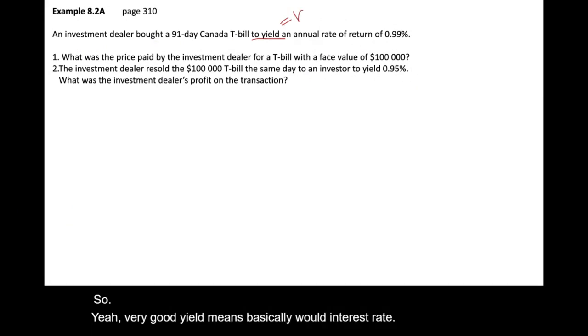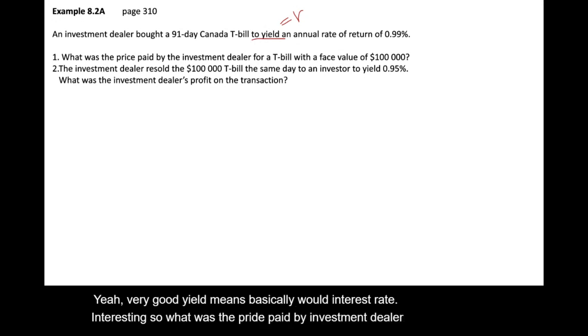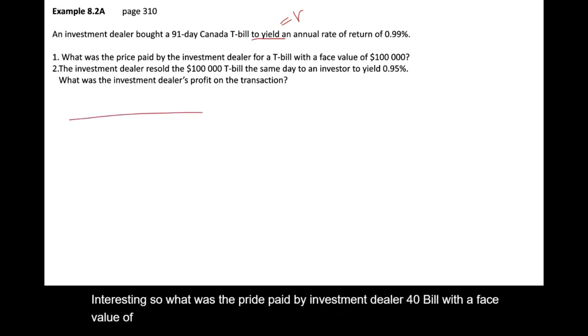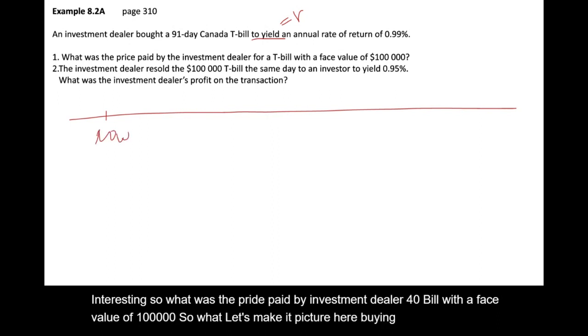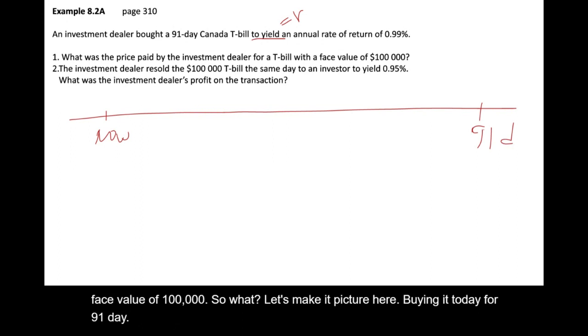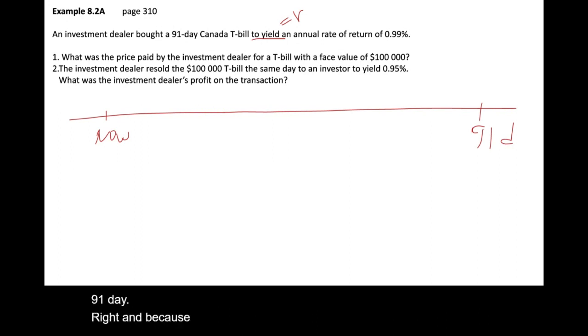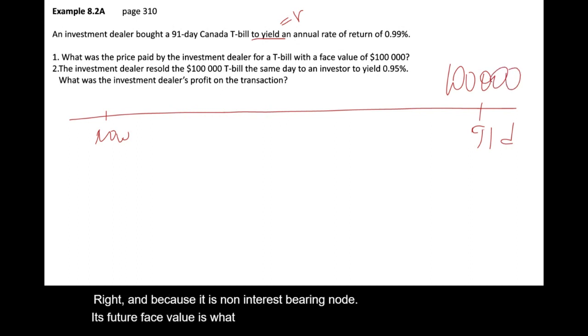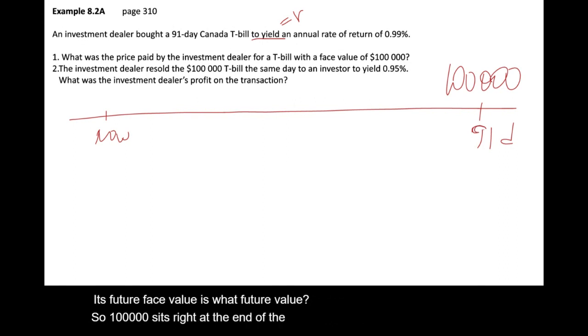So what was the price paid by the investment dealer for a T-bill with a face value of 100,000? Let's make a picture. He is buying it today for 91 days, right? And because it is a non-interest bearing note, its future face value is 100,000, which sits right at the end of the game.